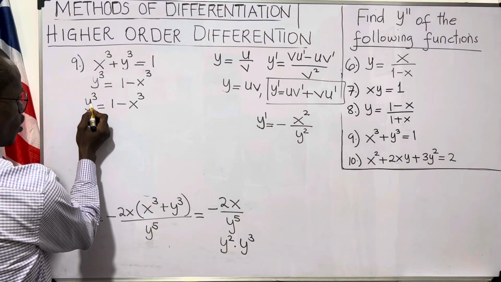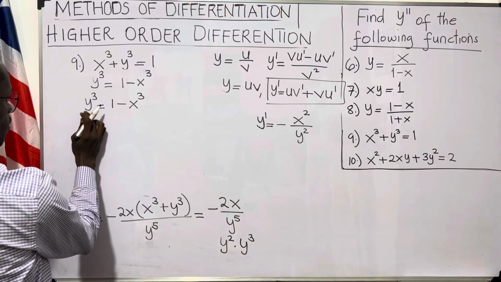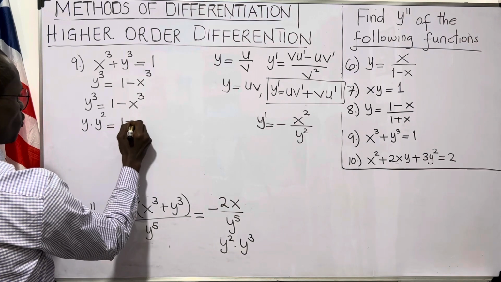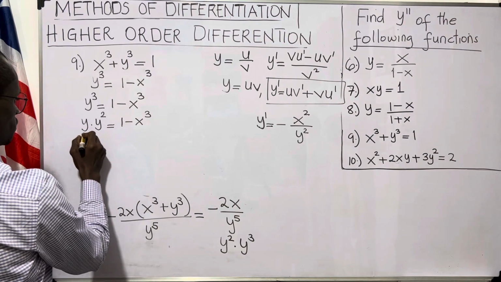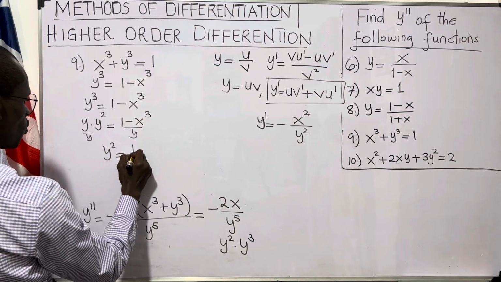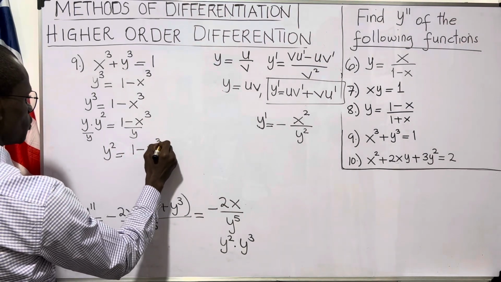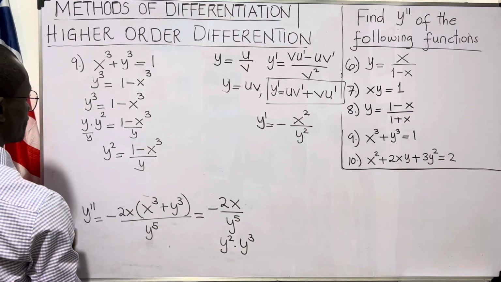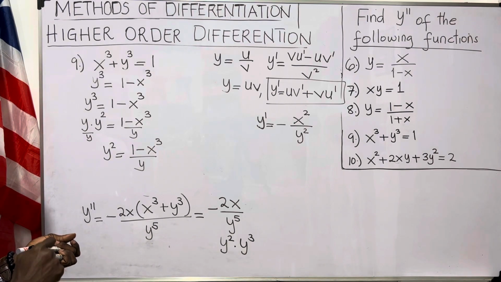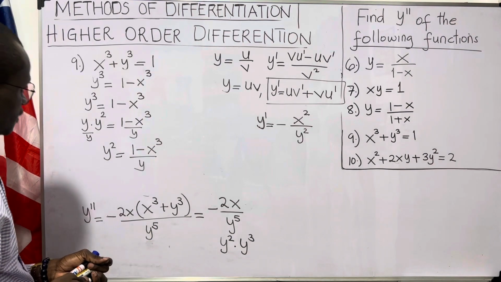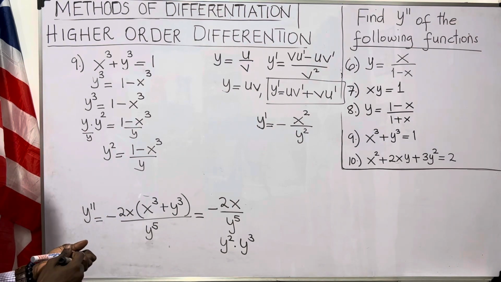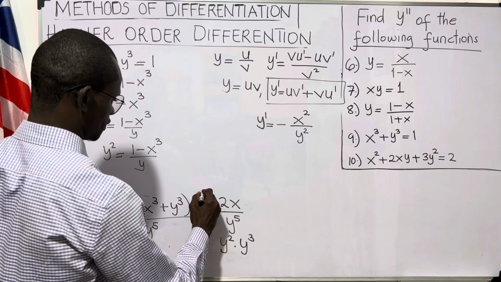So if we break this y cubed apart, it will be y times y squared, which is equal to 1 minus x cubed. So we divide both sides by y. Y squared is equal to 1 minus x cubed all over y. Again, we will still have some y value within the problem. So since we cannot easily write it in terms of only x, let's just leave our answer just like this.